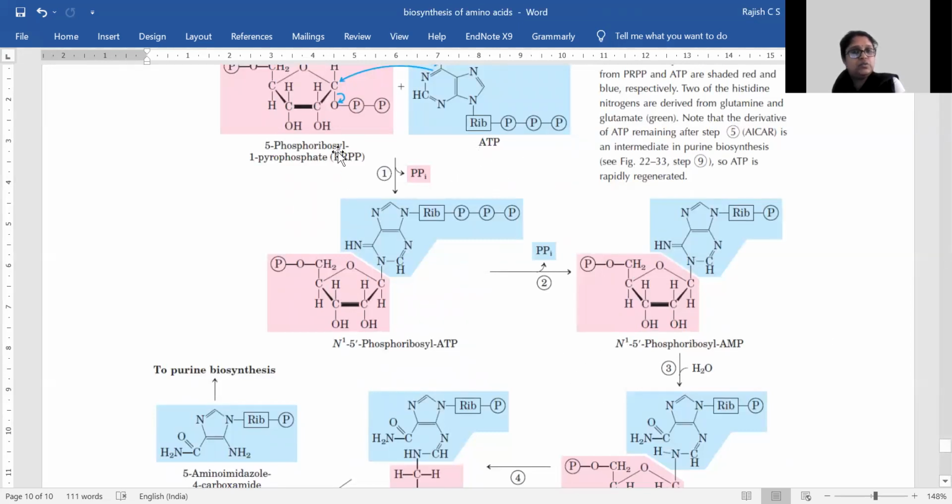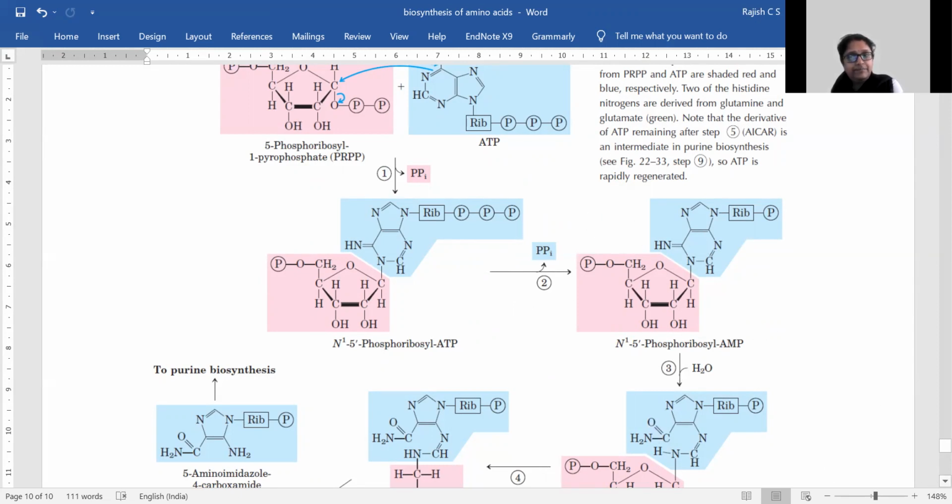So the first 2 steps: one is the transfer of PRPP to ATP with the removal of pyrophosphate, and that is done by a PRPP ATP transferase, and that removes one PPi. And then the next one is a hydrolase that will hydrolyze the pyrophosphate from the ATP, leaving AMP. So that is the second step.